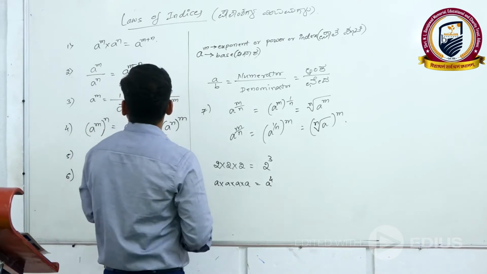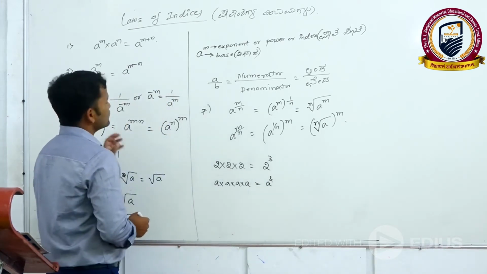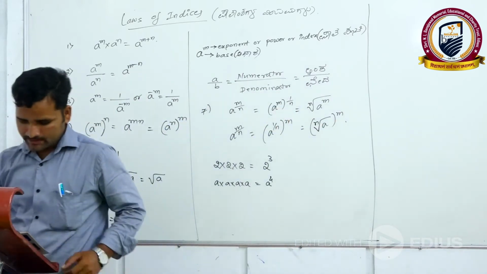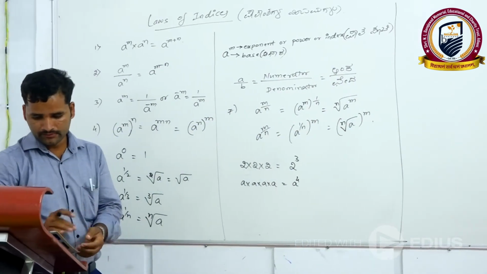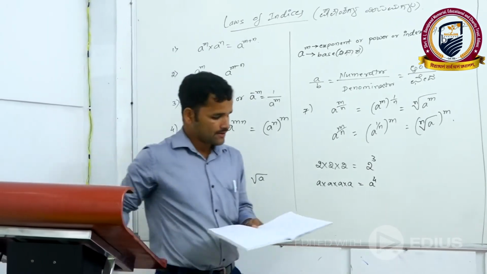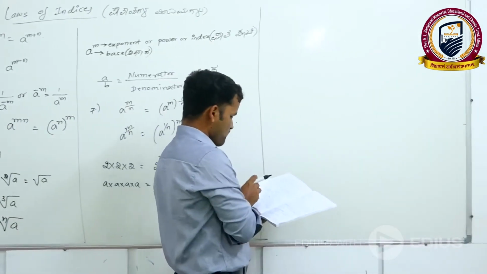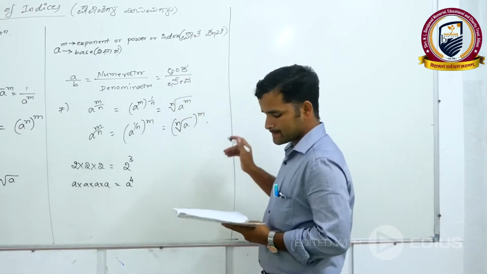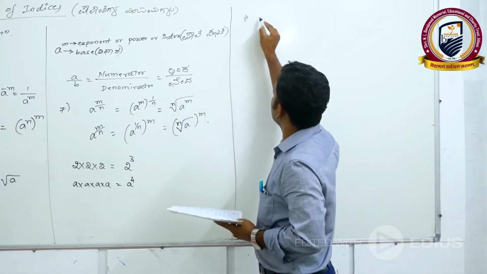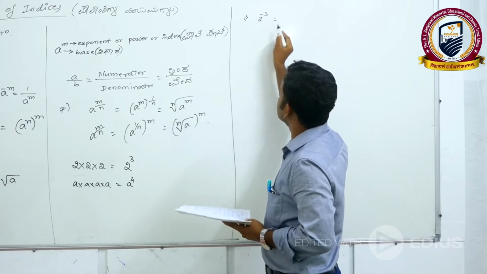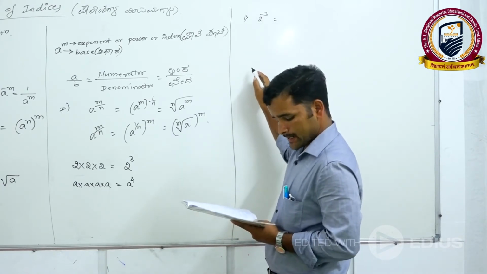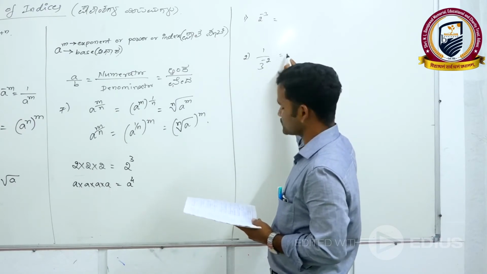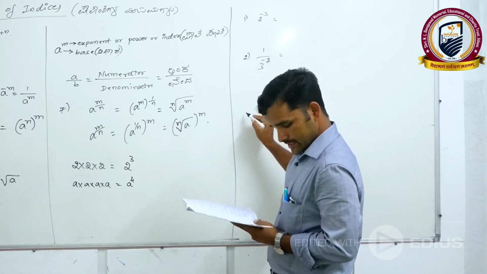Okay. Now let me take some problems on all these formulas. I have 2 raised to minus 3, and the second one is 1 by 3 raised to minus 2. How to solve all these?